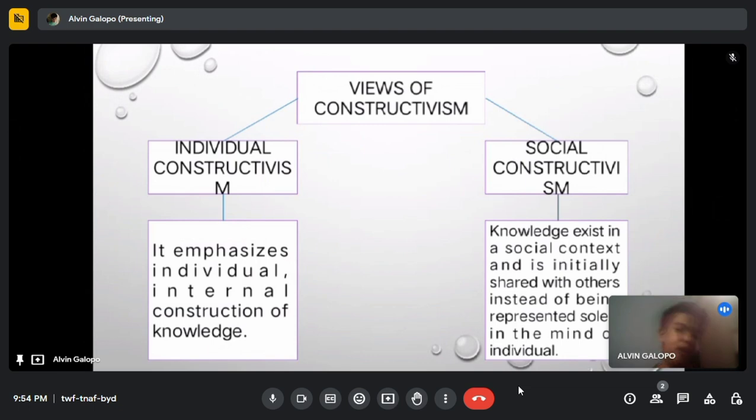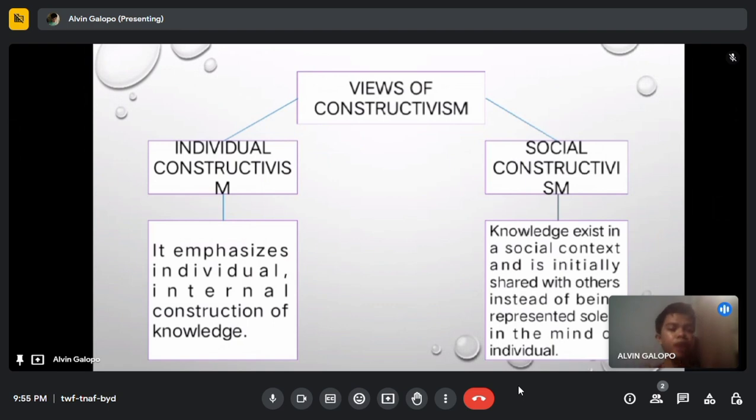Now, on the other side, social constructivism. What is social constructivism? Knowledge exists in a social context and is initially shared with others instead of being represented solely in the minds of individuals. If individual constructivism focuses on the individual constructing or building his or her understanding about the information, social constructivism, on the other hand, focuses on social interactions.